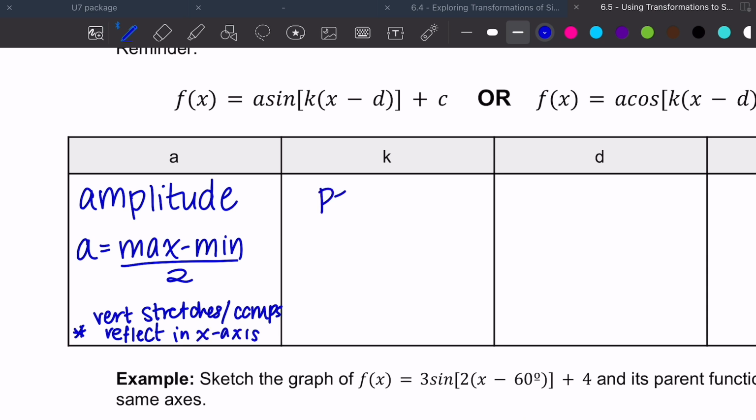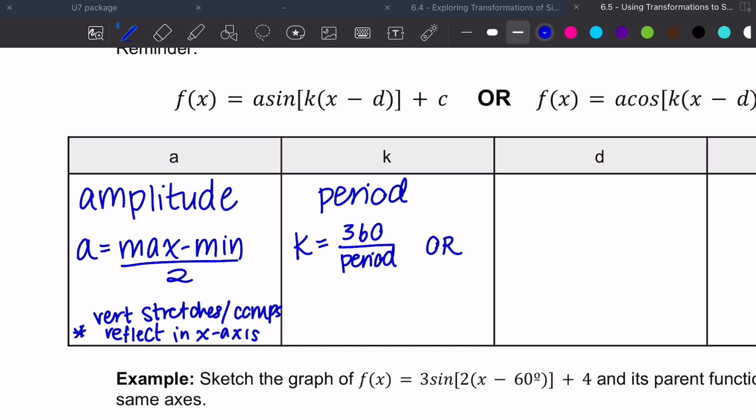K is the period of the sinusoidal function, and we said that you can use this basically in two different ways. So for example, if you need to determine the K value for an equation, if you're given a graph, you can say that K is equal to 360 divided by whatever the period is, which if you're given the graph, you can visually determine yourself.